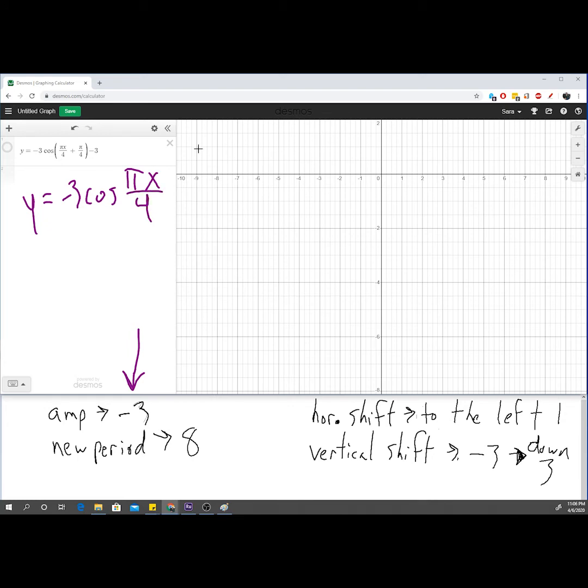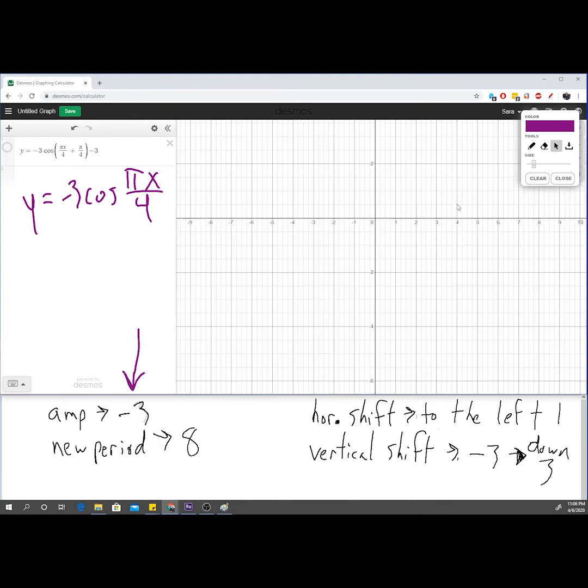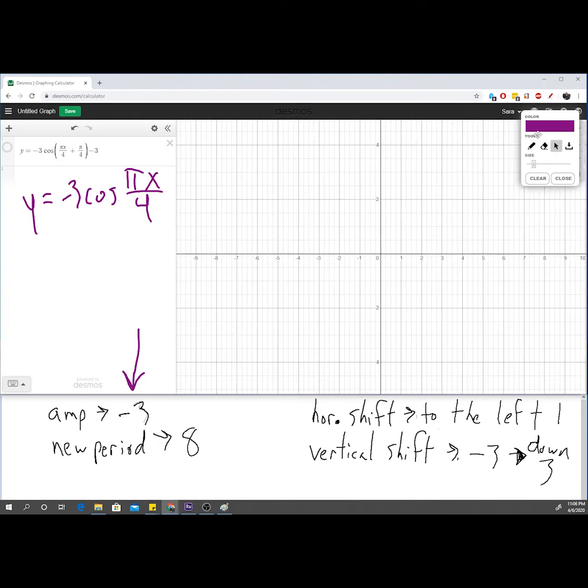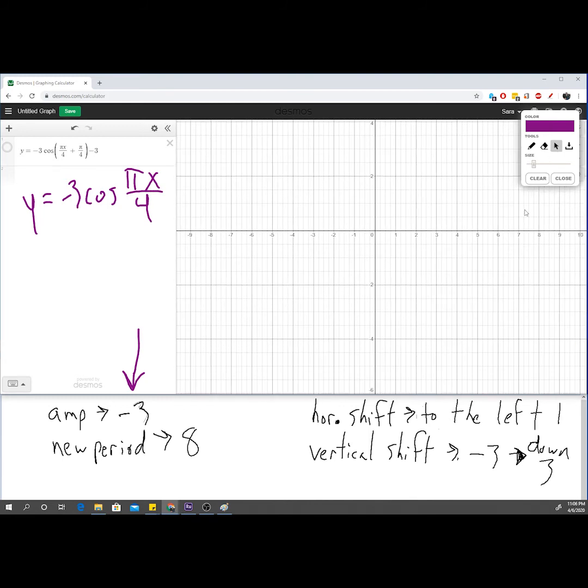Now with your cosine graph, let's go ahead and shift this a little bit, because normally your cosine would go all the way up to 3 and -3. Let's see. I'm trying to make sure I have something that will show for both. That'll be perfect. Okay.